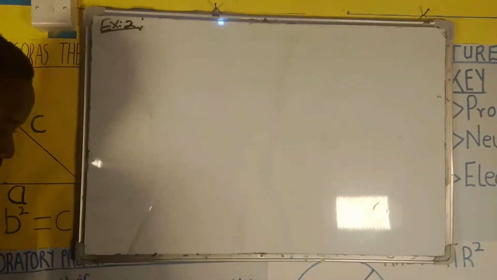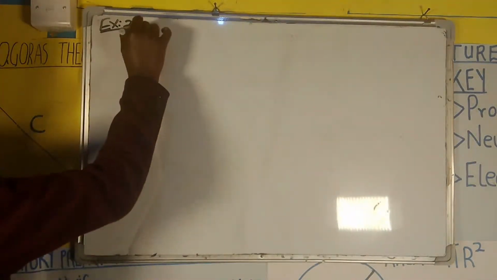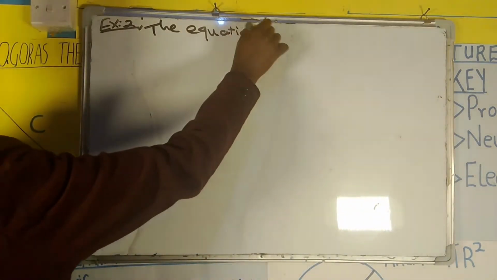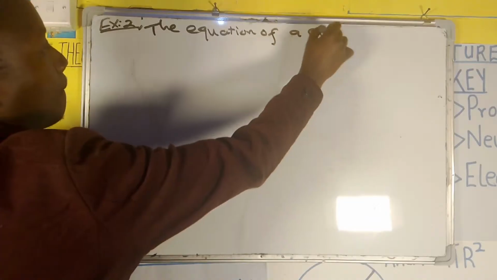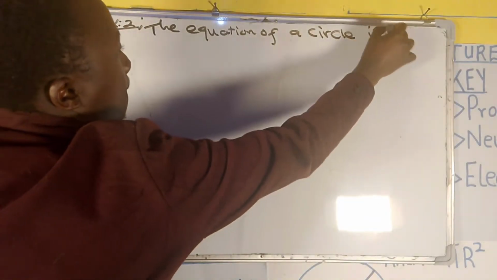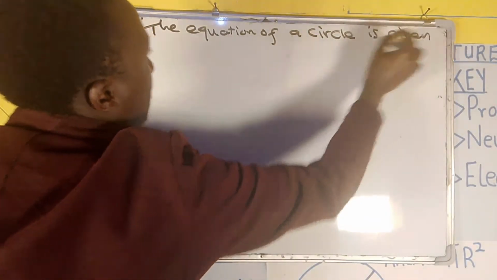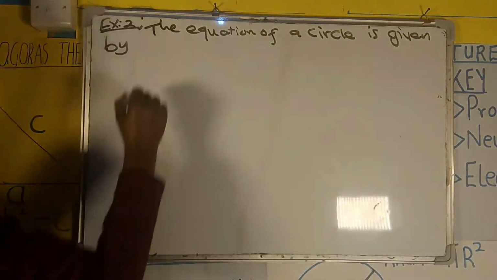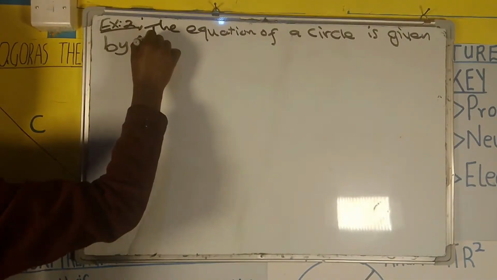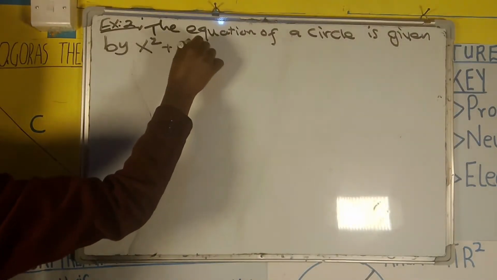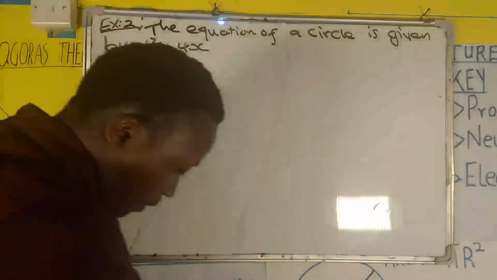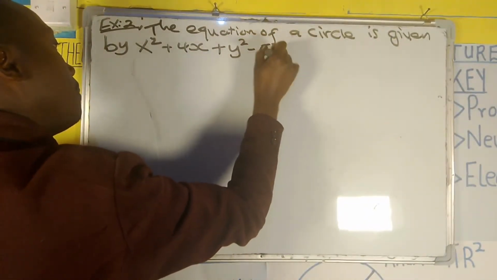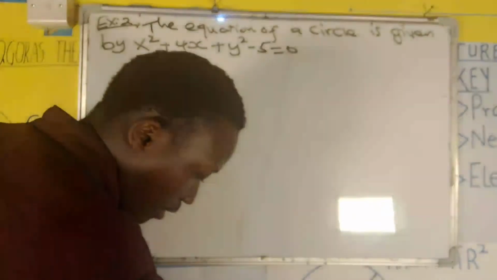the equation of a circle is given by x squared plus 4x plus y squared minus 5 equals 0.